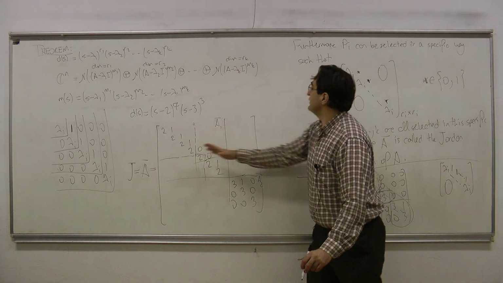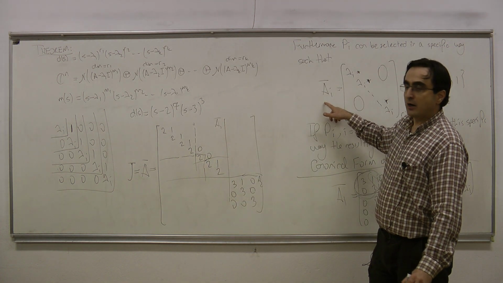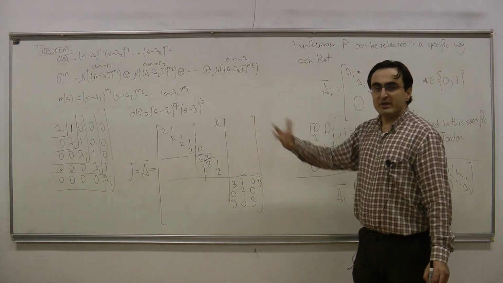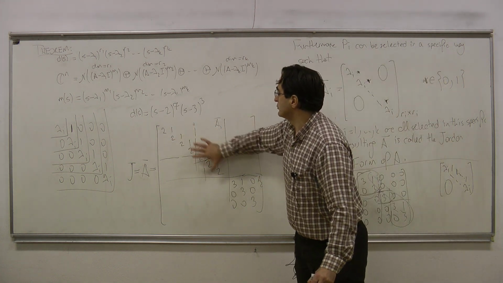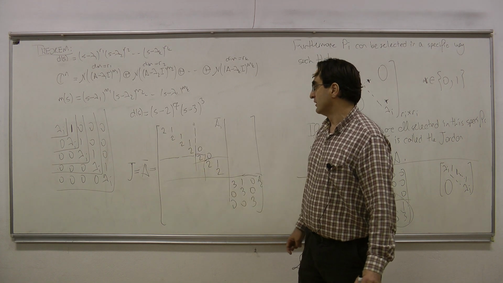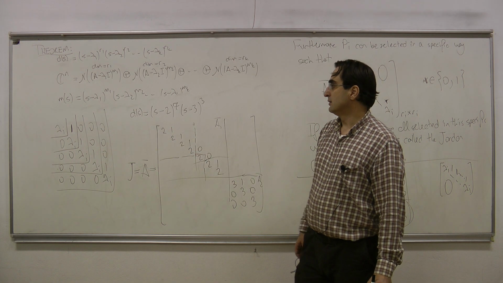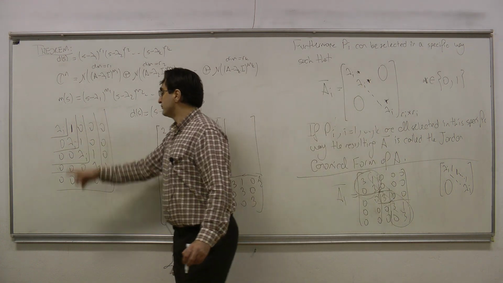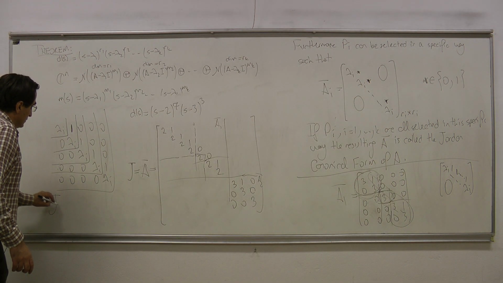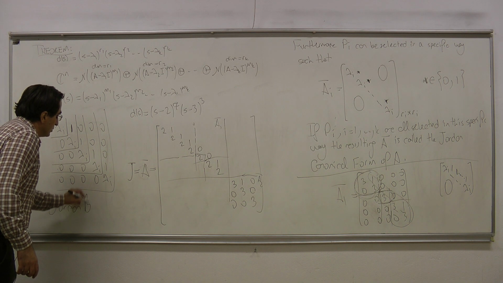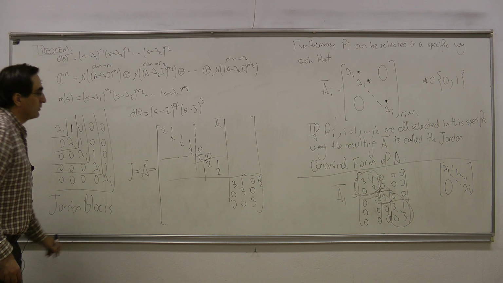So once you see these blocks, A_i bar, you need to be able to immediately divide it into some Jordan blocks like this, which contain all ones, one above the main diagonal. Okay? Jordan blocks are in this form. So this is Jordan blocks. Alright?